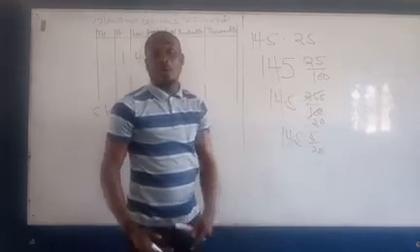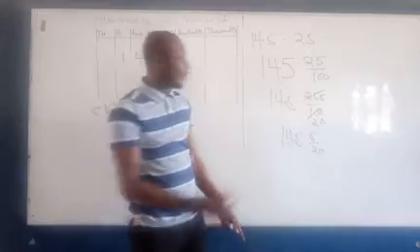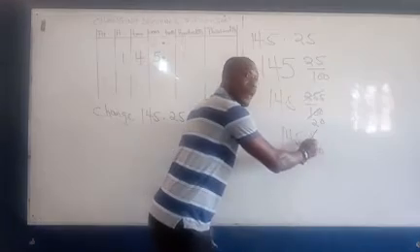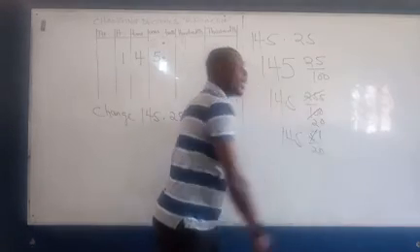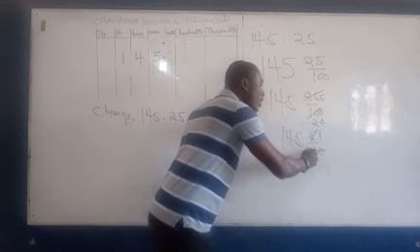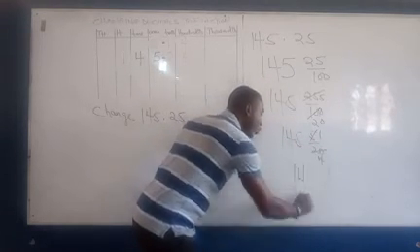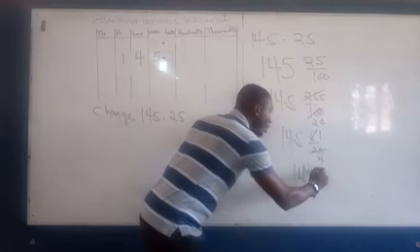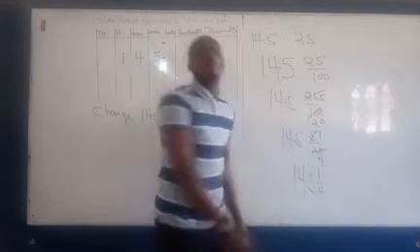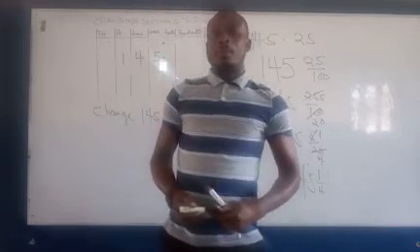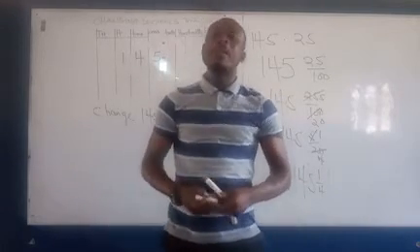So what number can we still use? 5. How many groups of 5 will be in 5? That is 1. And how many groups of 5 will be in 20? That is 4. So our final answer becomes 145, 1/4. Beautiful. Any question for me?